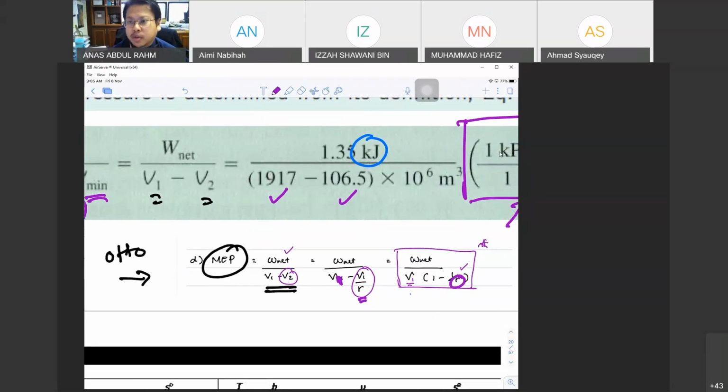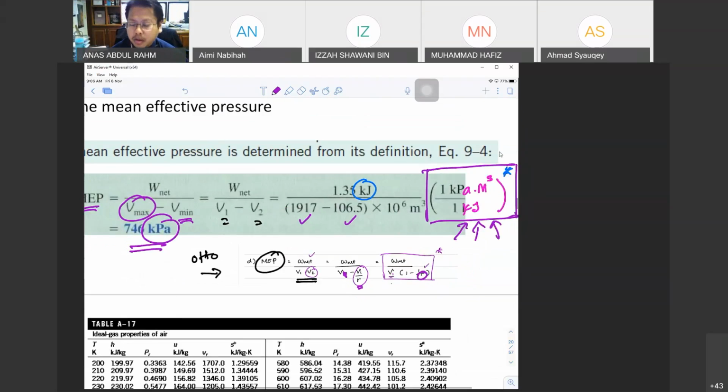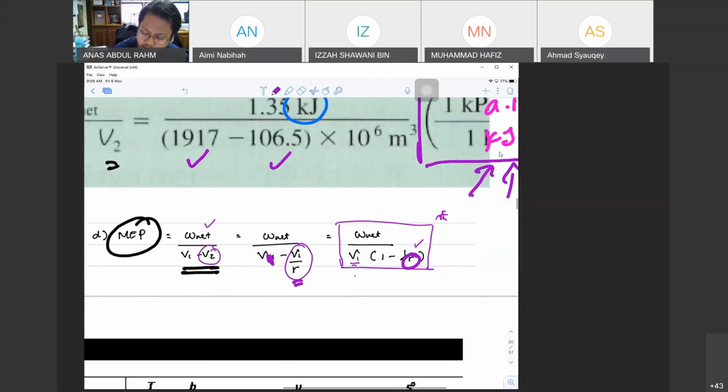So your value should be close to one another. That's why I want to show in this example problem that there are alternative options: isentropic equations, approximate analysis, exact analysis, and for MEP itself, you can use the definition and find the volume, or you simplify using this expression.